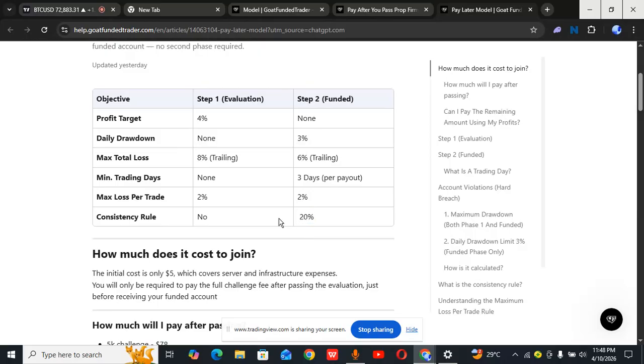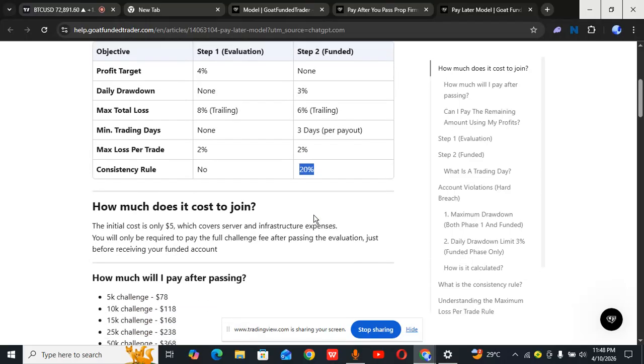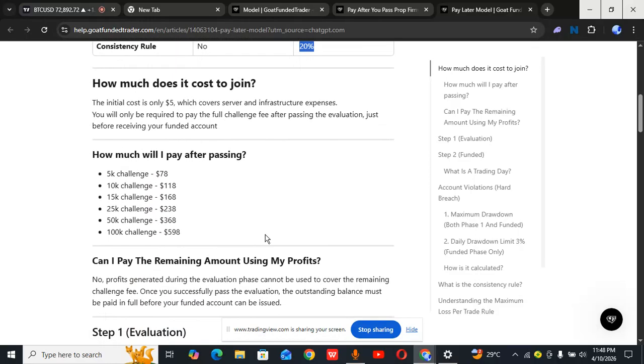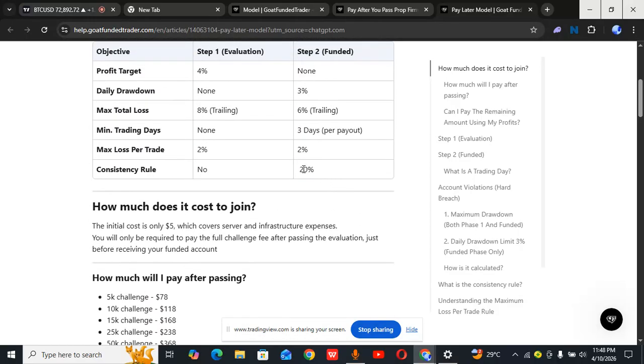Or if you want to go a little bit conservative in your trading, then you might want to be risking 0.5 and targeting just 1%. There are people who risk 0.25% and target 0.5% once they get funded, because they plan on holding that account for a very long time. But if you want to be aggressive, then you just risk like 1%, target 2%, and stuff like that. So that's basically how to beat this particular rule.